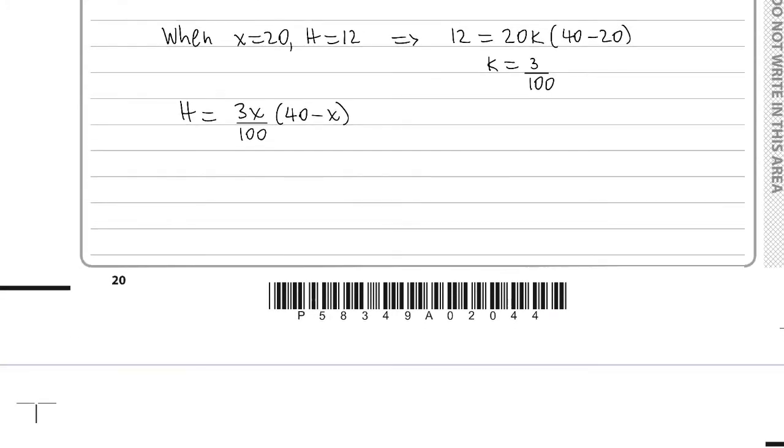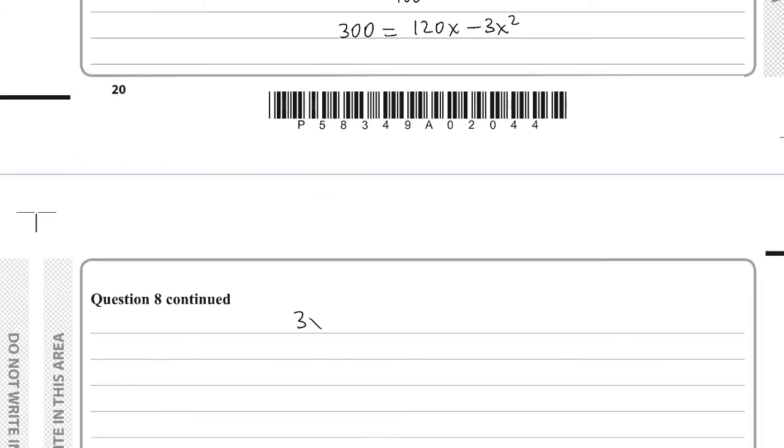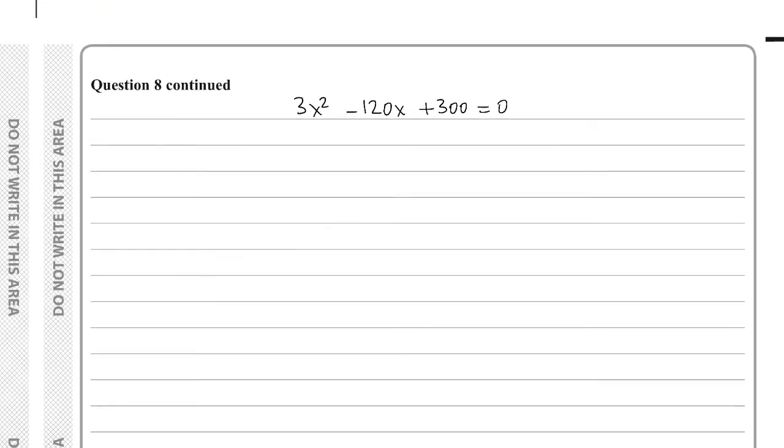So we know that the height is 3. So when h is 3, we get that 3 is 3x over 100 times 40 minus x. So 300 is 120x minus 3x squared. I will collect everything on one side. And what we could do is use the quadratic formula for this one. It cannot be factorized.